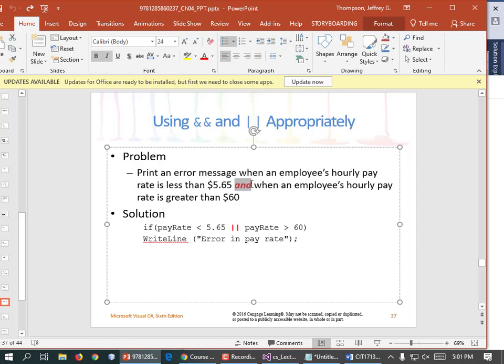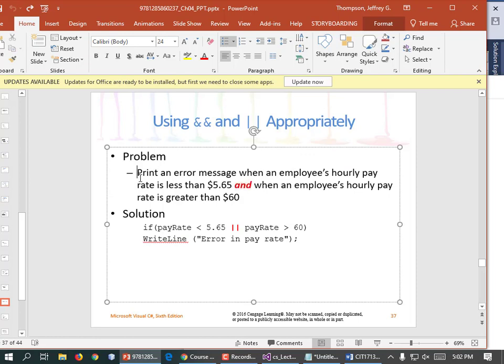And why do I say that? Because as a programmer, I think that if you see the word and, it means both cases, right? And so we're going to print an error if it's less than that and it's greater than that. And is that even possible? No, it's not possible for the hourly pay rate to be lower than $5.65 and greater than 60. So I would quibble with the way this was written.